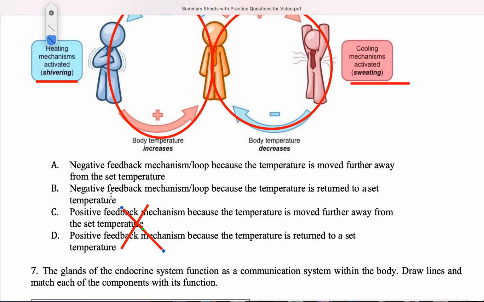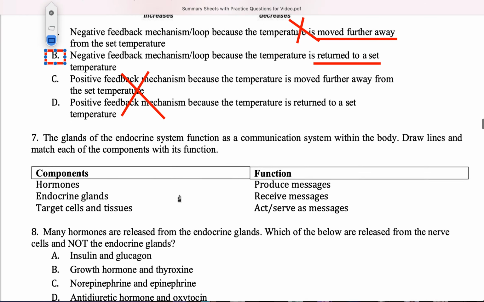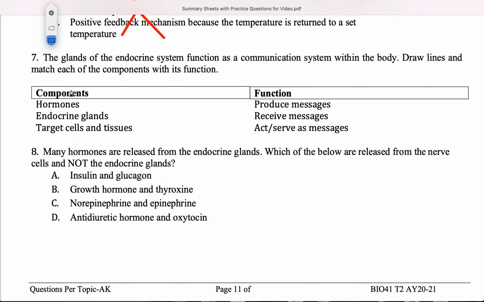So what we have is the negative feedback mechanism because the temperature is moved further away. No, it doesn't move further away. It is returned to the set point. So it means that that is the answer. So that's how you work with the elimination rule and find the answers quickly.